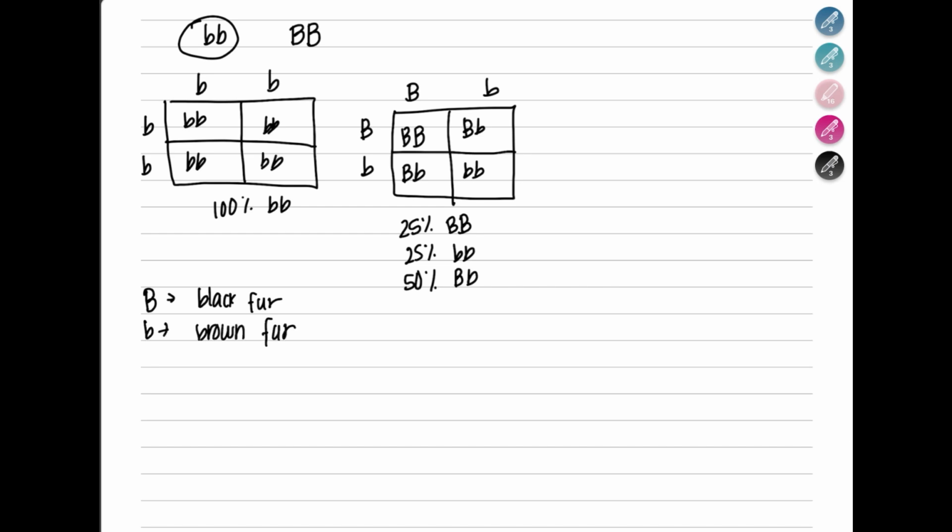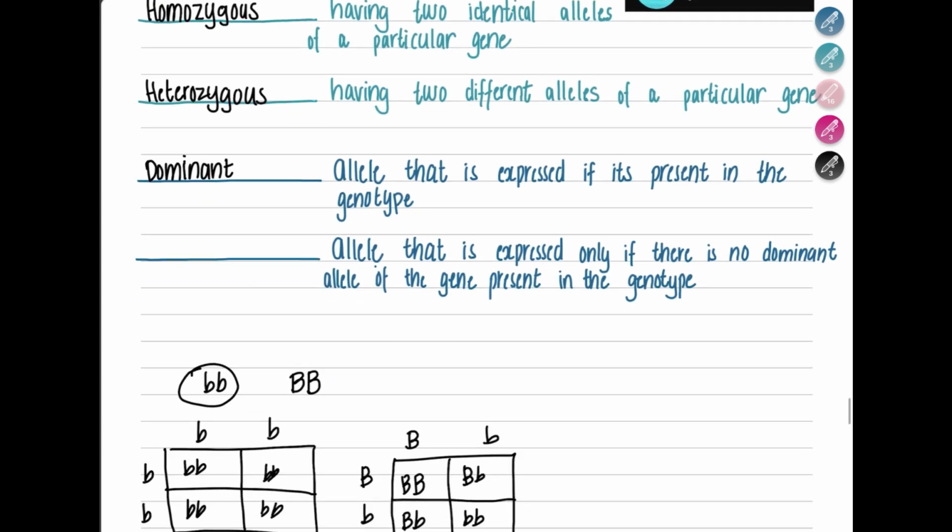Whether it's homozygous or heterozygous, our offspring will only have black fur because of the presence of this capital B, the dominant allele. Whenever the dominant allele is present, the offspring will take this feature.